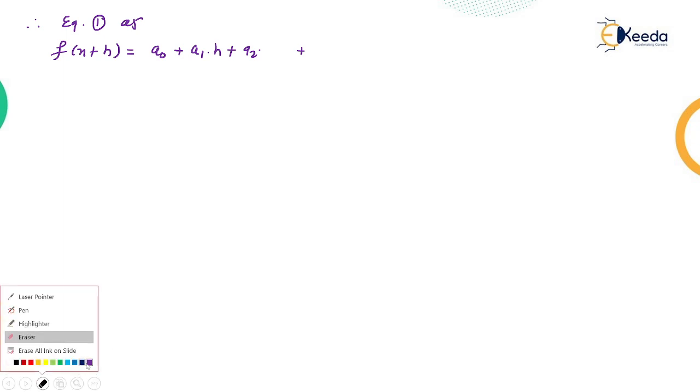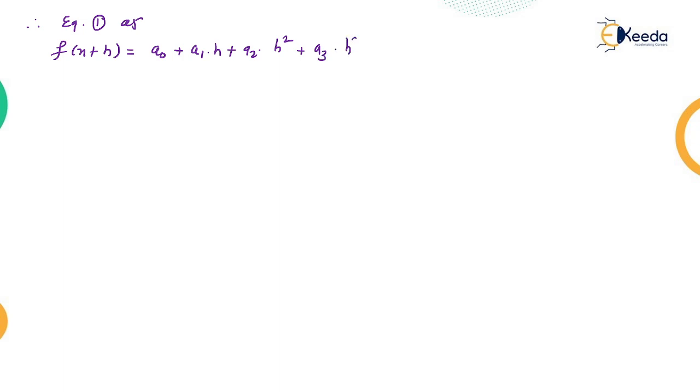I am writing equation 1 as f of x plus h is equal to a naught plus a1 into h plus a2 into h square. This is not 2 factorial, guys, because equation 1 is only a2 into h square, plus a3 into h cube plus a4 into h raised to 4 and so on.